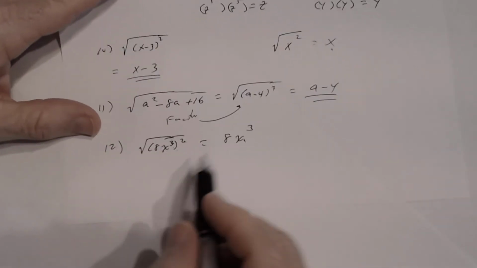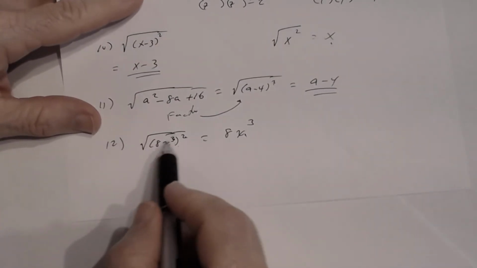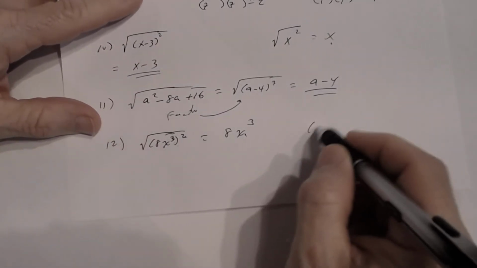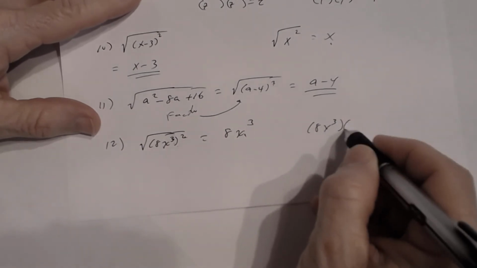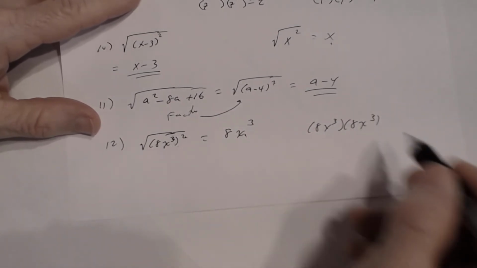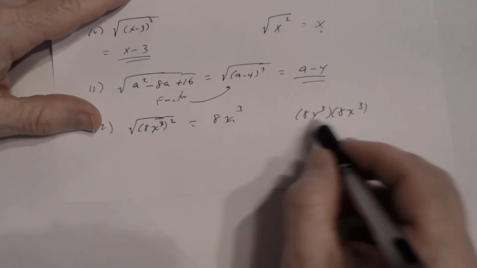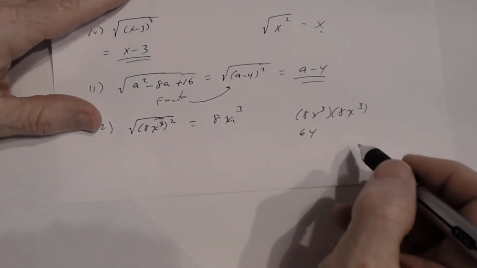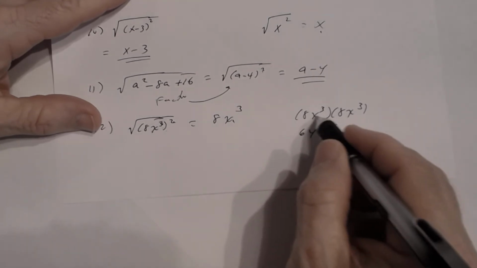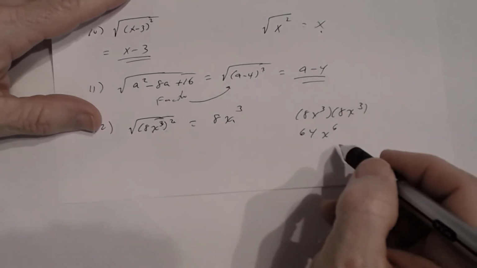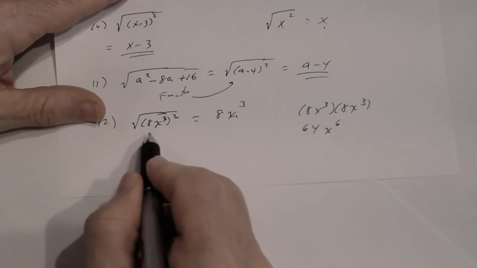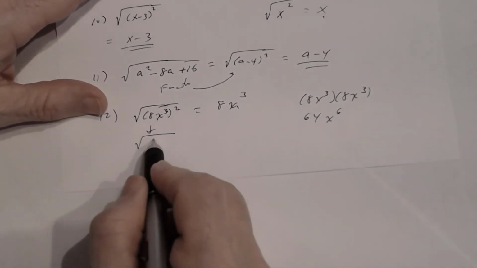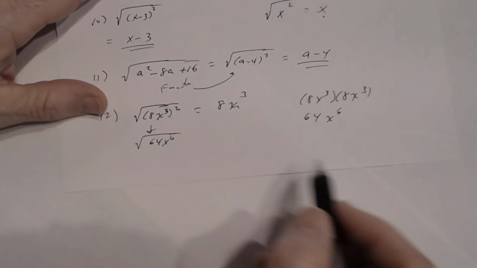Now you may say, well, what happens if I multiply this out? The 8x cubed times itself. Okay, well, let's see what happens. What's 8 times 8? Okay, 64. What's x cubed times x cubed? x to the 6, right? Because when you multiply like bases, you add exponents. So this right here becomes the square root of 64x to the 6, right?